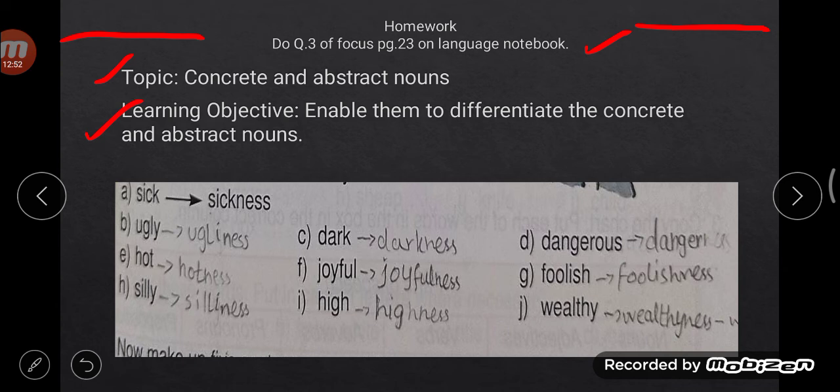After this you will write the question that you have to write about. What you have to write, you will just write 5 sentences containing some of the abstract nouns you have made in question number 2.